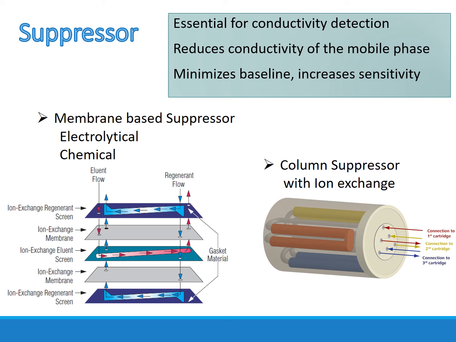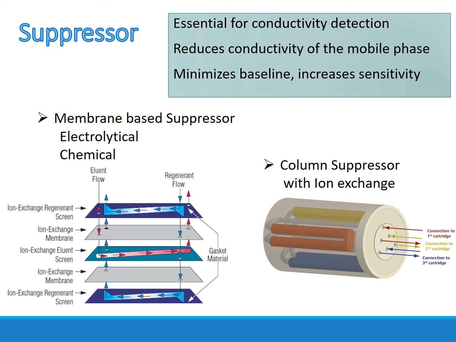I mentioned suppression before. Suppression is a very important element when we are doing conductivity detection. It reduces conductivity of the mobile phase. If we have highly conductive species in the mobile phase, we have lower sensitivity. Therefore, if we remove these species from the mobile phase, we can minimize the baseline and increase sensitivity.